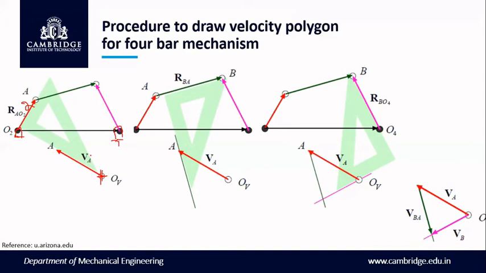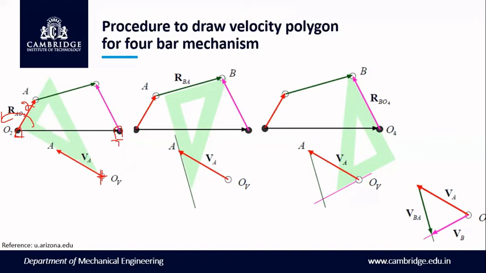We will know both the magnitude and direction of this velocity vector A. So when you draw a perpendicular line to link 2, that gives VA, that is the velocity of point A. The direction will be perpendicular to link 2 and the magnitude will be the length of link 2 multiplied by angular velocity. And we assumed that it's rotating counterclockwise, hence the direction of the vector will be towards the left hand side.